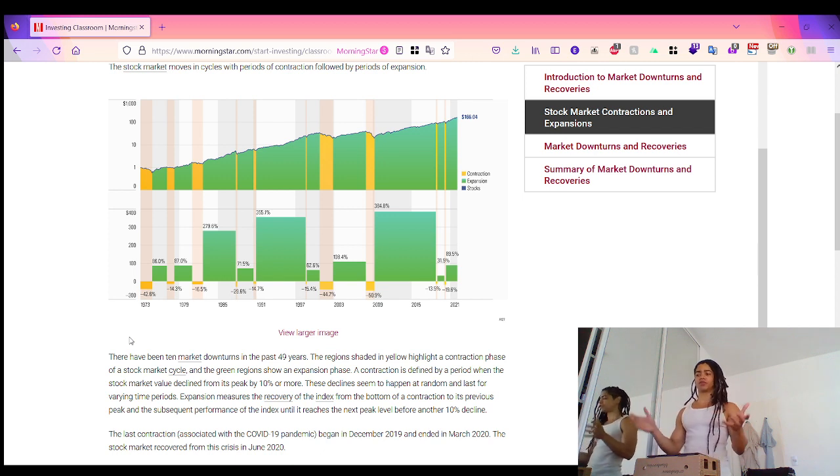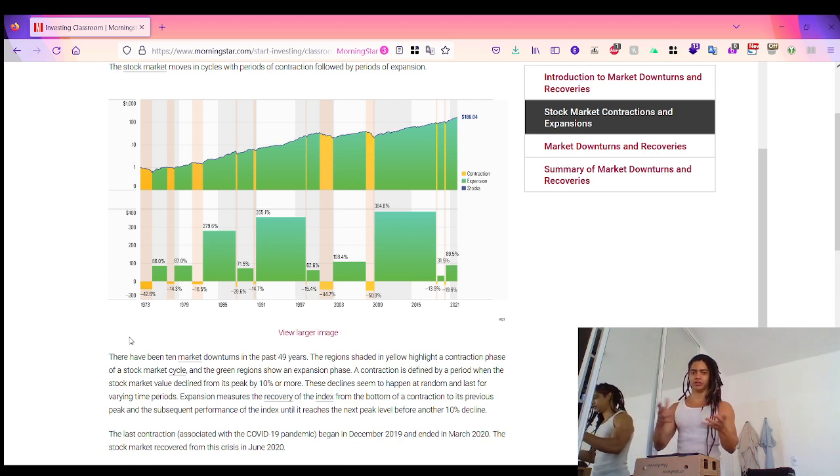So what is a market downturn, and when does it happen on the stock market? This is the contraction phase of the stock market cycle. These contractions are where the market value declines from its peak by 10% or more.